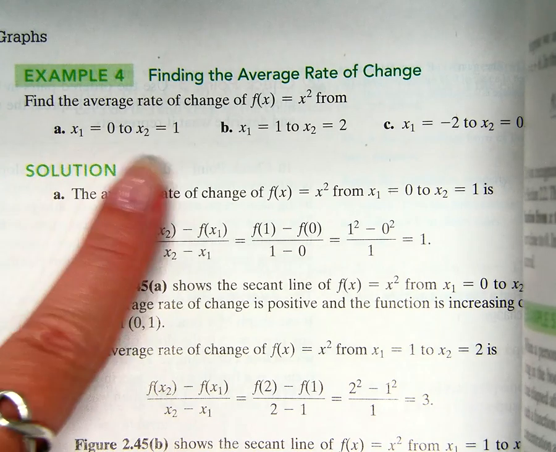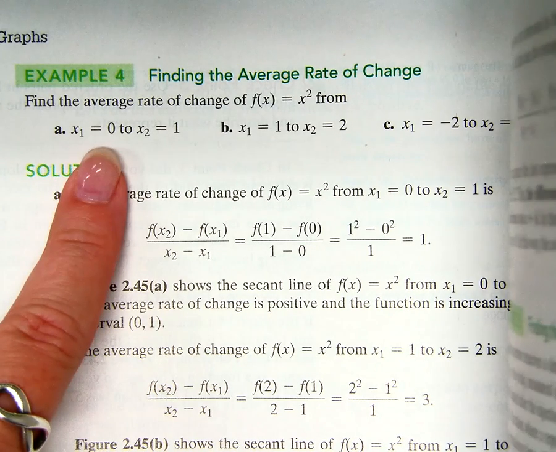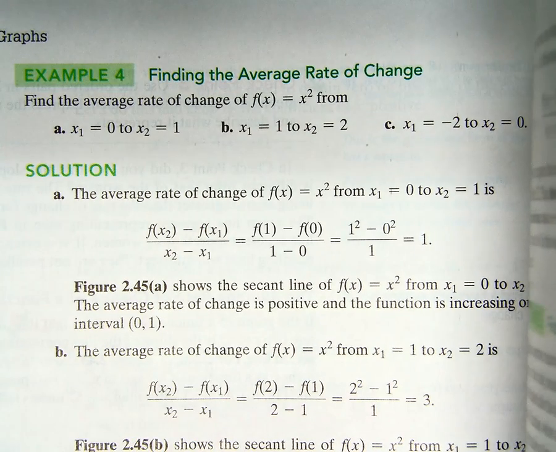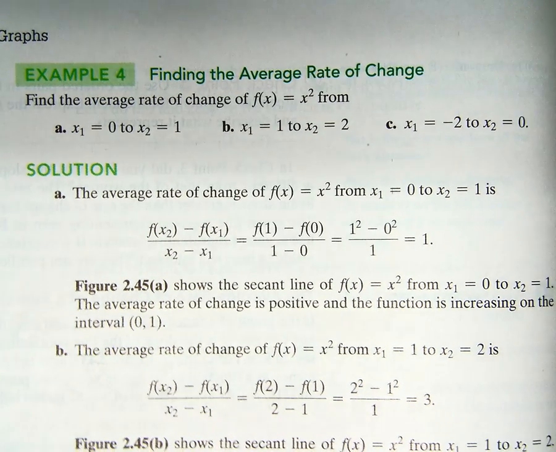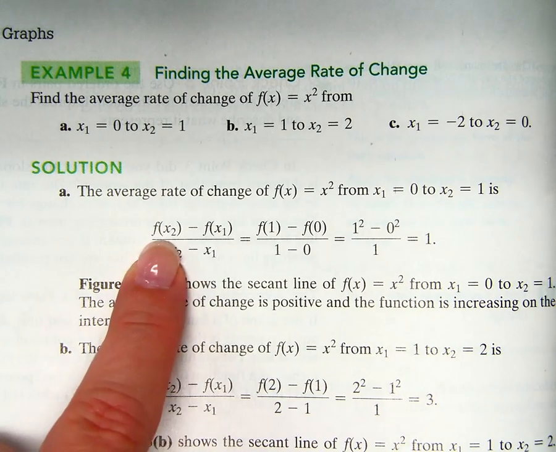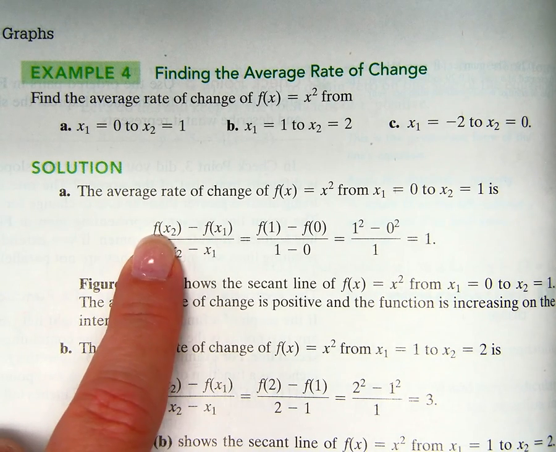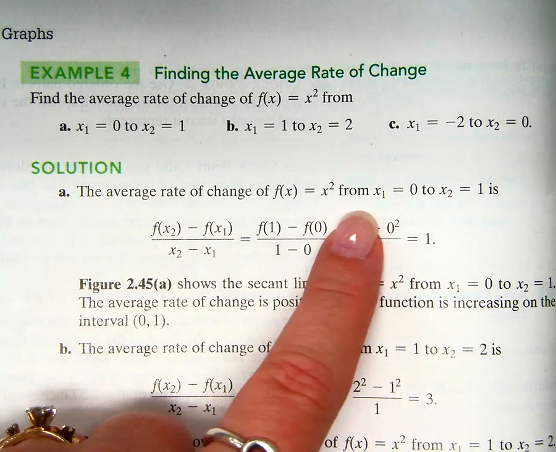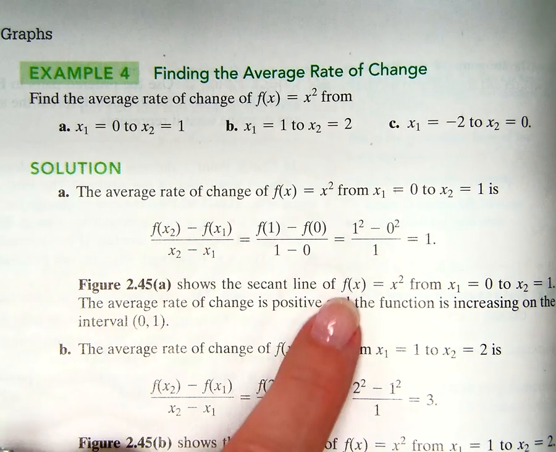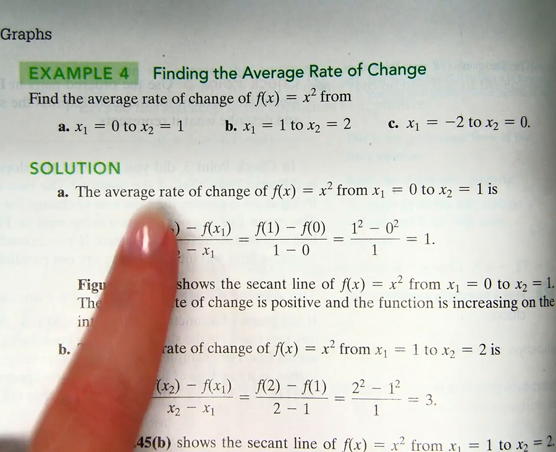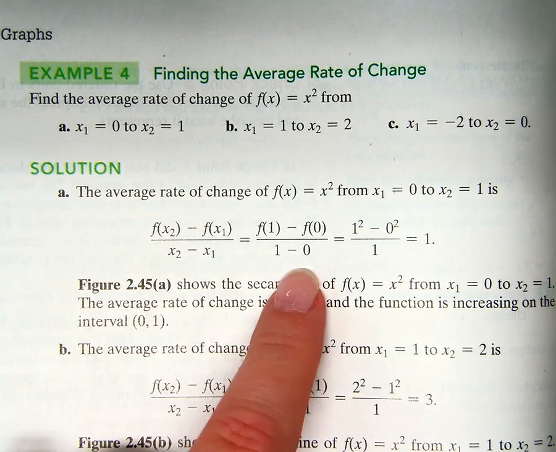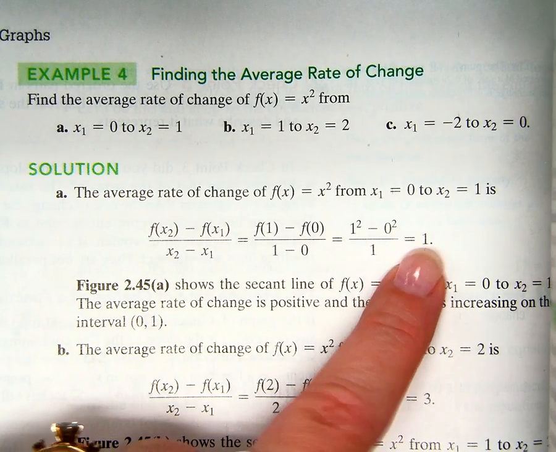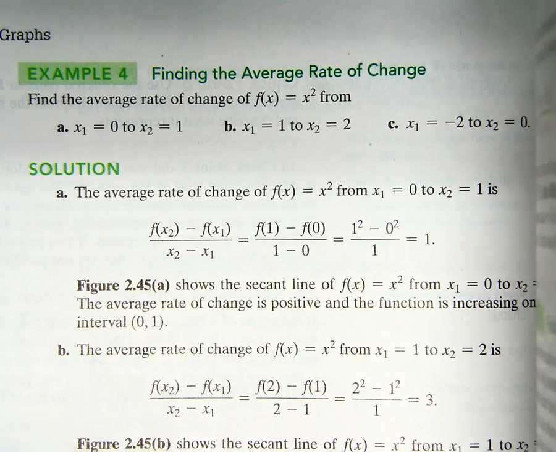So even though they didn't give me the y values or the f of x values, isn't that something, given the formula that we have, that we can find fairly easily by substituting into the equation? Okay, so f of x sub 2 and f of x sub 1 is something we have to find by substituting these values into the given formula. And then x sub 2 and x sub 1, obviously, we're given right here. 1 minus 0 is 1. 1 squared minus 0 squared is 1. So 1 divided by 1 is 1 in that particular example.